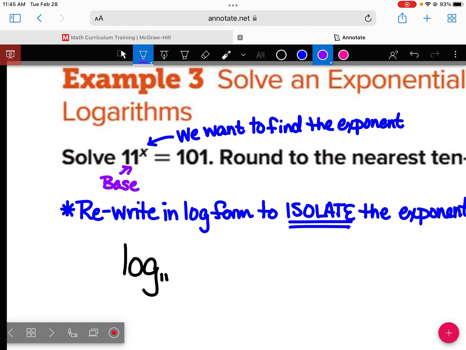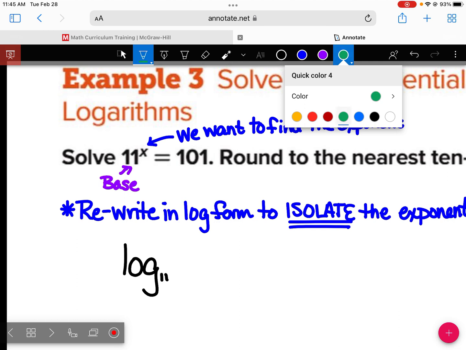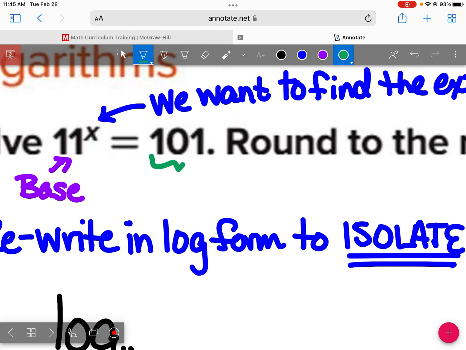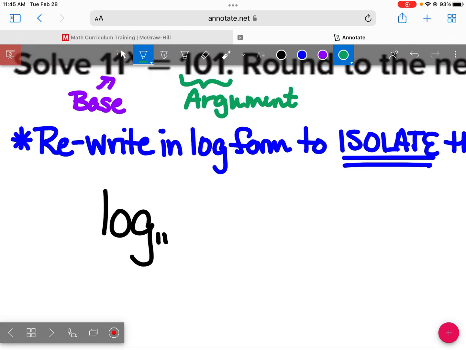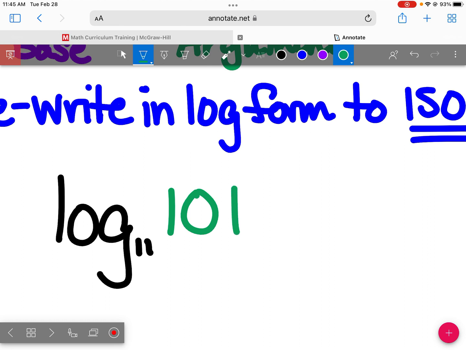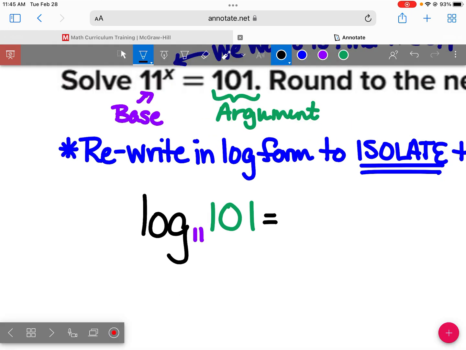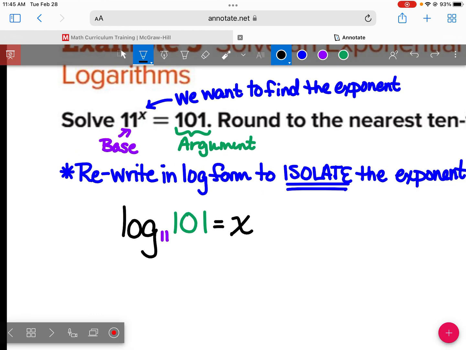What's the exponent? X is my exponent, but what comes next in logarithmic form? 101. This is our argument. And that would be equal to what? That's equal to x. So now I have my exponent isolated. Can I put this in my calculator?